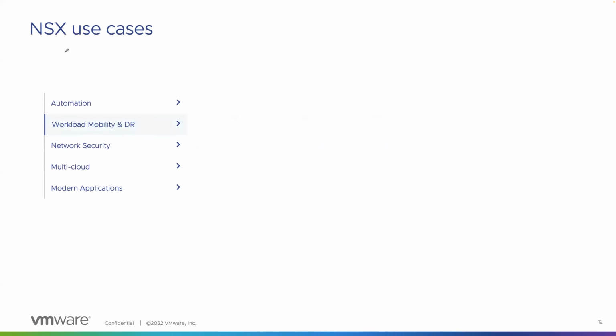So when we look at NSX use cases, we have listed some of them here. Automation: we define SDDC, and NSX is one of the components of the SDDC solution, the software-defined data center solution.